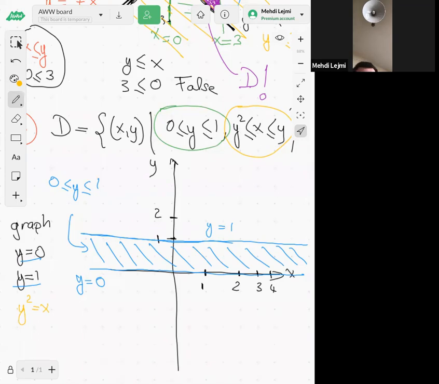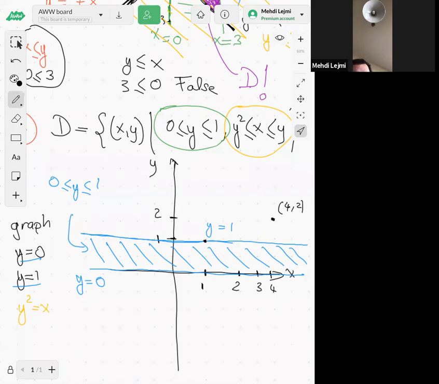For example, if y is 1, x is 1. So we're going to have this point here. If y is 2, x is 4. So it's somewhere here. Right, this is 4, 2, and this is 1, 1.